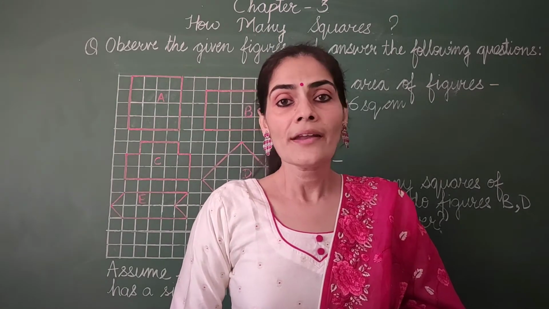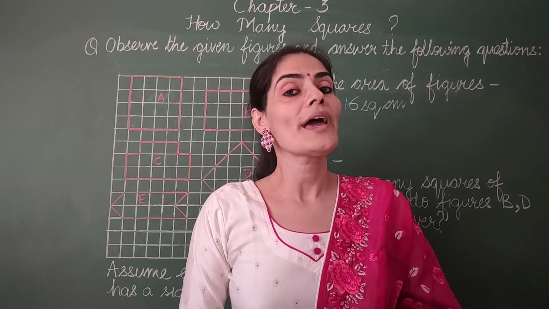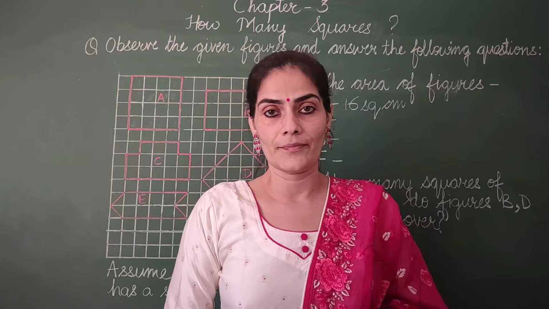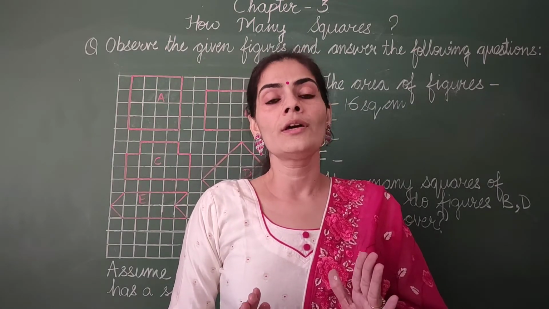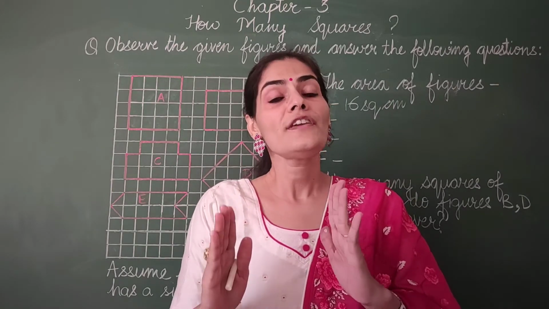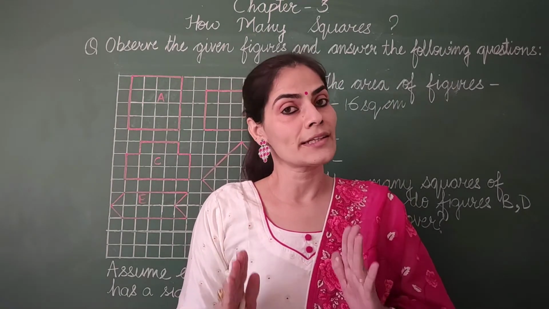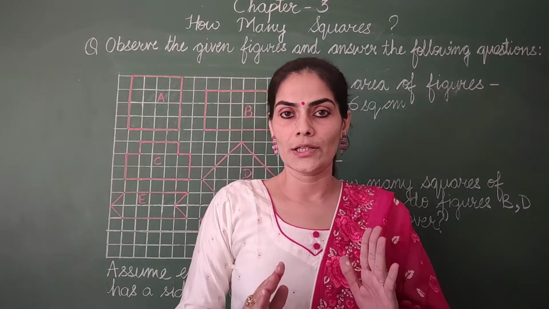As you all are aware, area is measured in square unit of length. If they have specified in the question what is the unit of length of each side of the square in the grid, then it's fine. You'll be writing that particular unit.